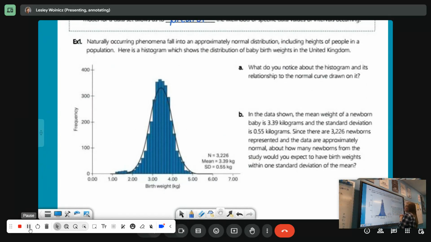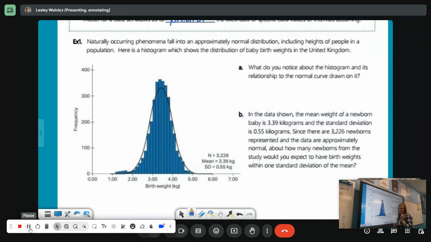So there are certain phenomena that are naturally occurring and they fall into an approximately normal distribution. One of them is heights of people in a population. So here we have a histogram, and it shows the distribution of, okay, well that says height and this says weight, but this also says weight, so I think that this might be a typo.